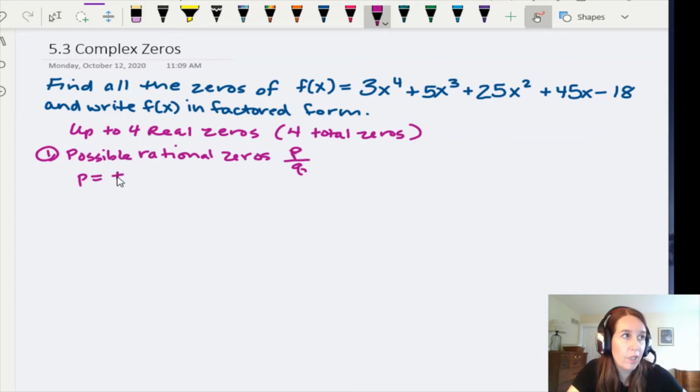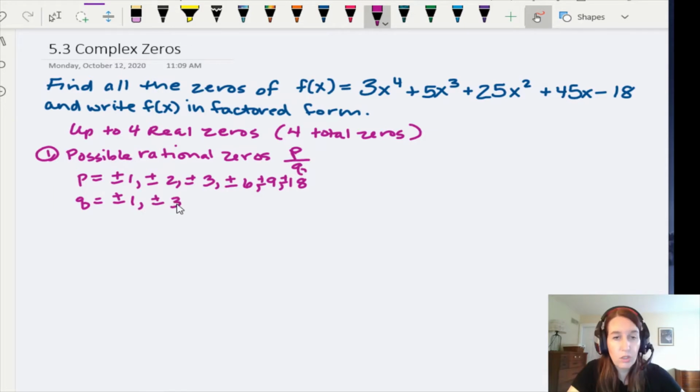So we want plus or minus 1, 2, 3, 4 doesn't go into 18, 5, 6, 9, and 18. Those are all the factors of 18. Q is the factors of the leading coefficient. In this case, that's 3. So that's plus or minus 1 and plus or minus 3.